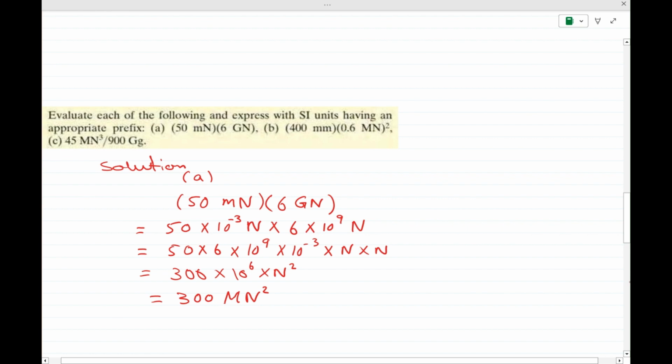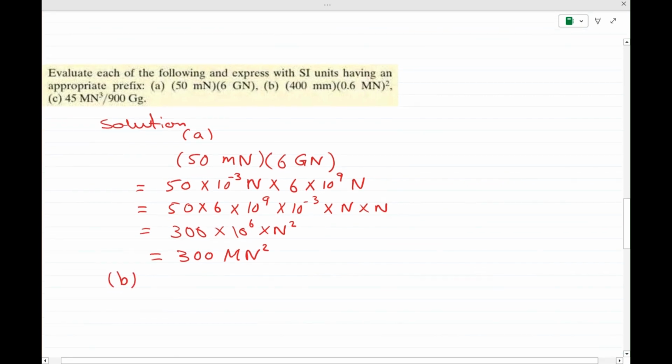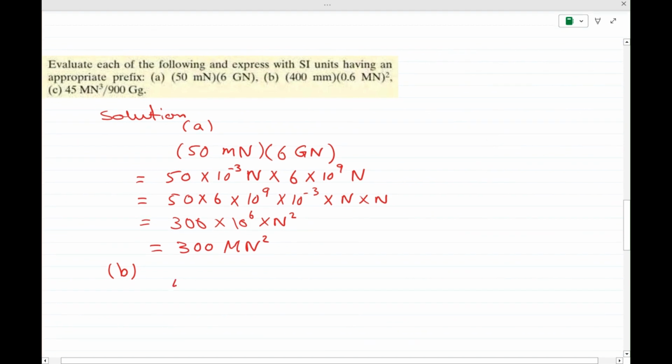Part B. Part B here is asking us to evaluate 400 millimeter times 0.6 mega newton, all squared.